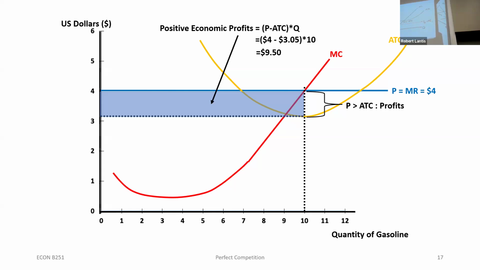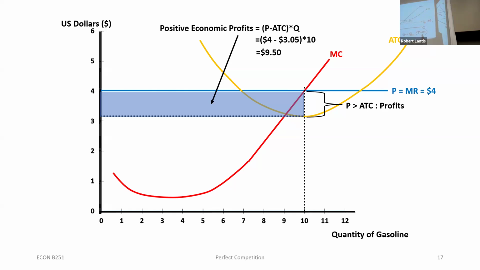What's true about profits here? Well, once again, profits are the quantity that the firm is selling times the difference between price and average total cost. The price here is below my average total cost. So whatever my average total cost value is here, this is assuming the firm is still trying to maximize profits.